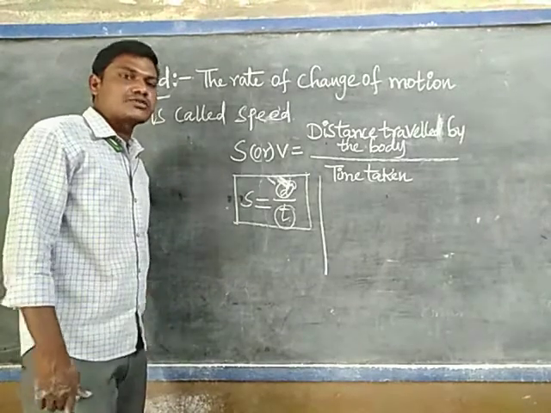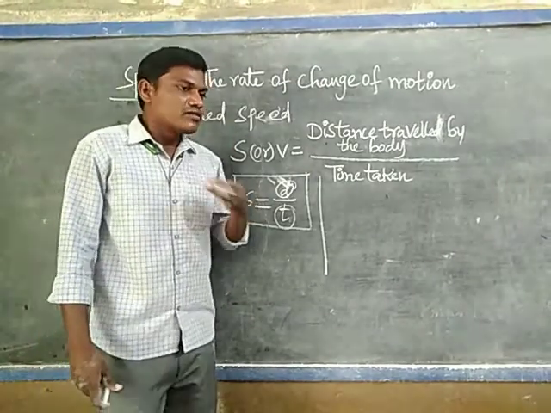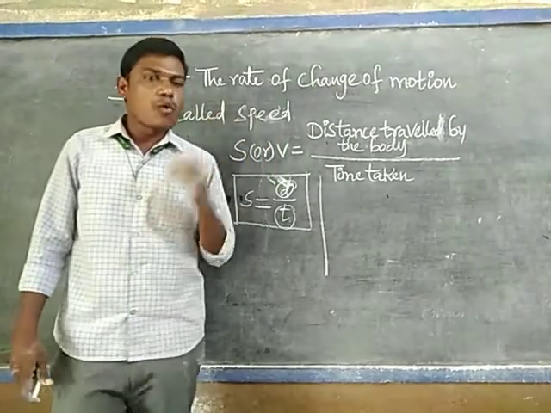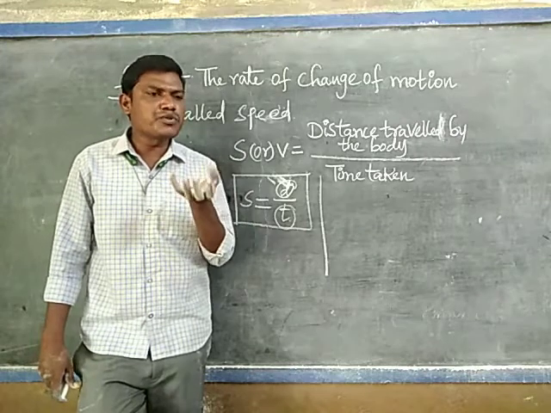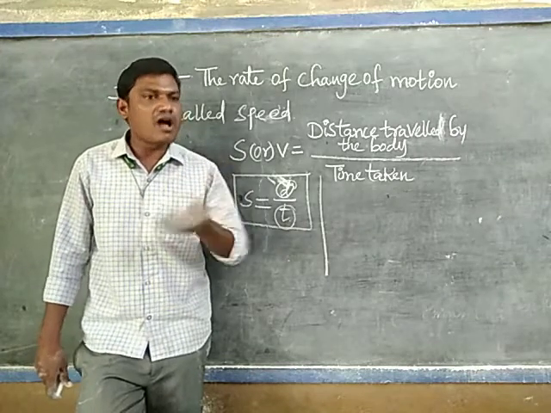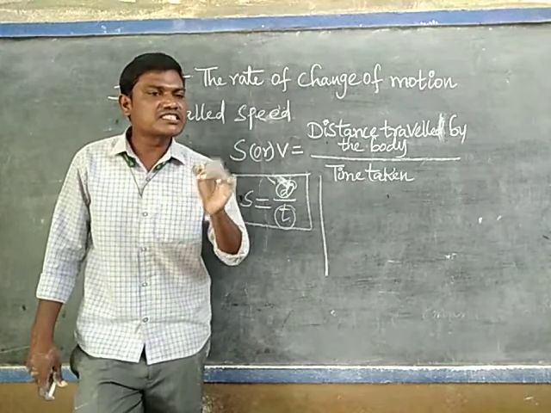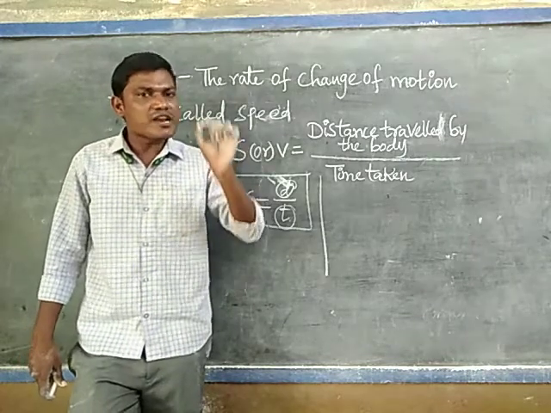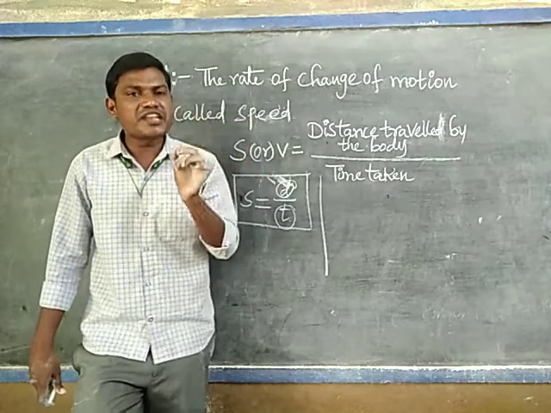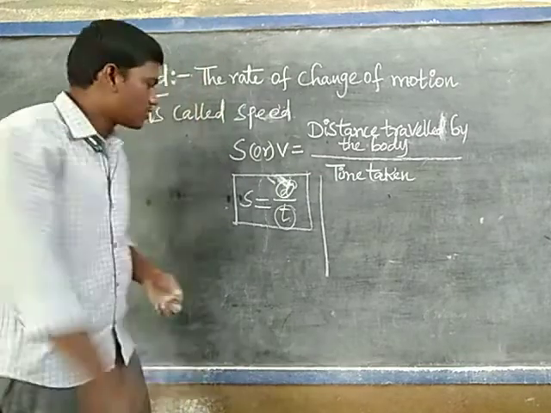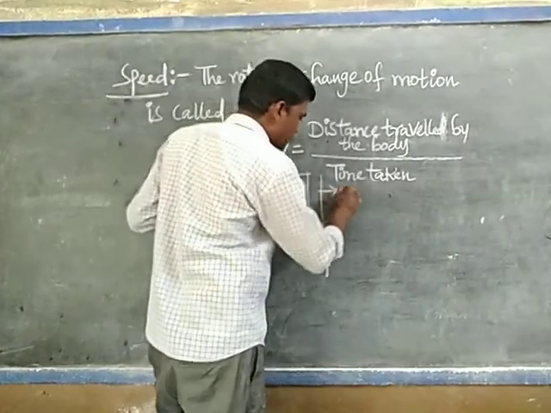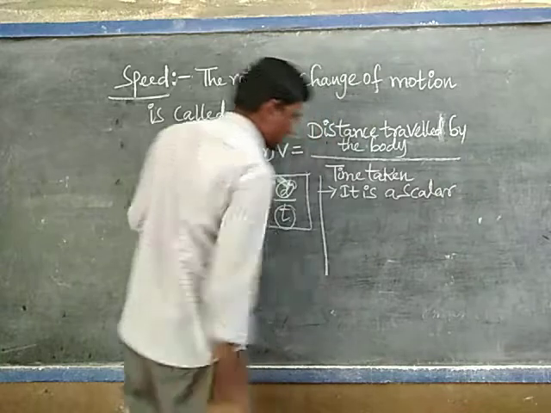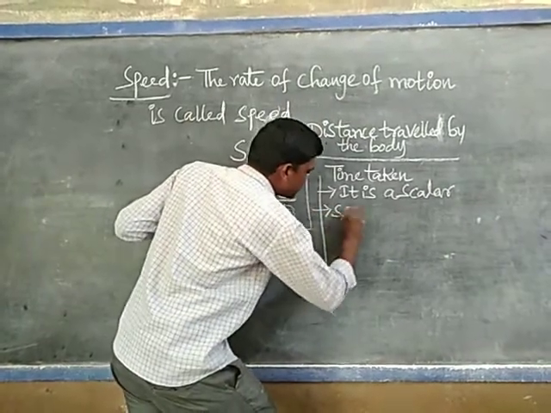That's why speed is also a scalar. Generally, when explaining the speed of a vehicle, we simply say that the speed of the train, the bus, or the car is 60 kilometers per hour. In this we don't mention any direction. That's why speed is a scalar quantity only.